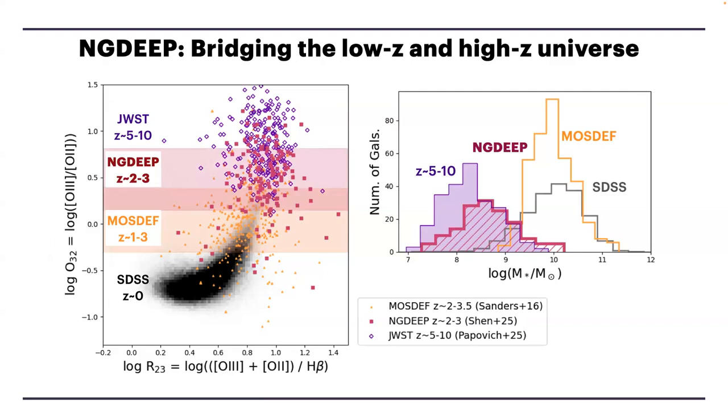The NGDeep survey is designed to target low mass galaxies at redshift 2 to 3, and this is a perfect filler for the space between MOSDEF and the high redshift galaxies, in both the metallicity ionization diagram and the stellar mass diagram. So we extend down to 10 to the 8 solar mass.